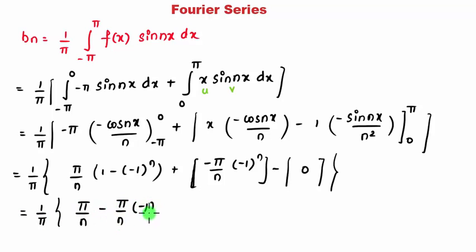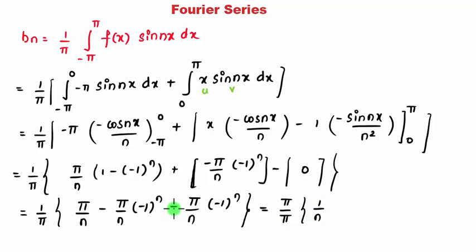So finally solving, I can get Bn as 1 upon pi, minus pi by n minus pi by n minus 1 raised to n, which comes to be 1 upon pi, I can take pi common, so pi and pi finally get cancelled out. I get minus and minus becomes here 1 by n, and here minus and minus becomes minus 2 minus 1 raised to n divided by n.